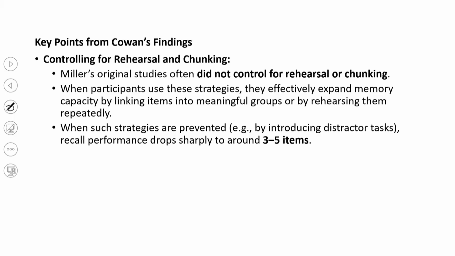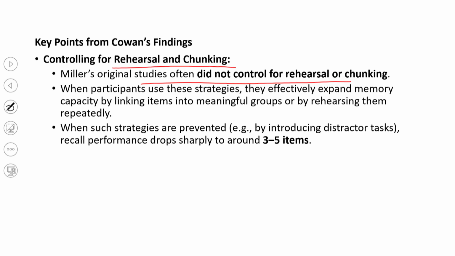So, he found that if we control for rehearsal and chunking, if you just give them raw information for short term memory and do not give the participant the opportunity to chunk or to rehearse, then obviously the capacity goes down. Miller's original studies often did not control for rehearsal and chunking.